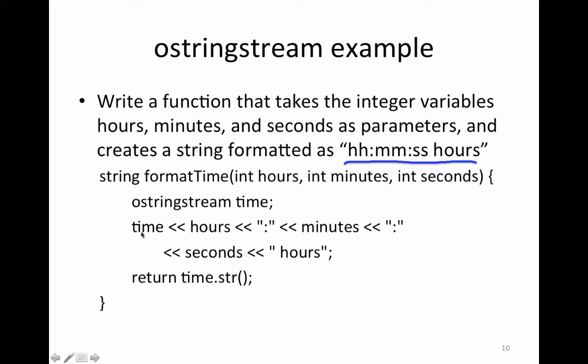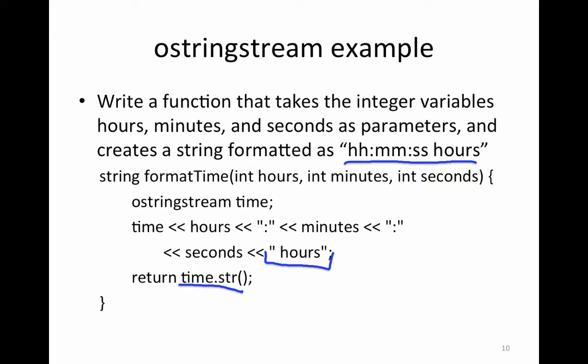So I take 3 parameters. I create the OStringstream time. Then, just like at cout, I write into it hours, a colon, minutes, a colon, seconds, and the final string, space hours. And finally, I return time.str. That returns the formatted string I just created.